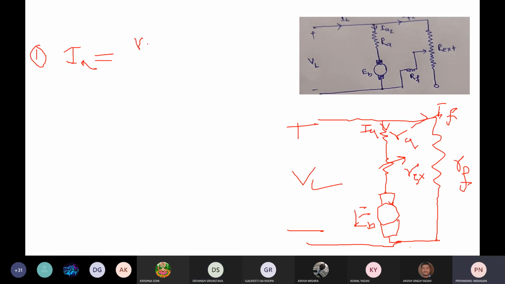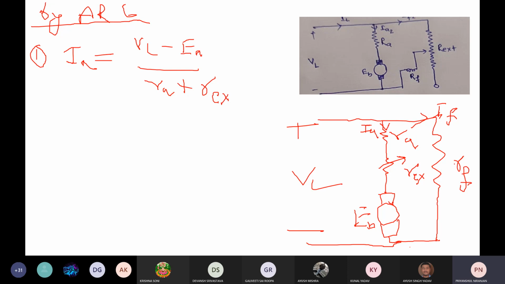VL minus EB by RA. No. RA plus R external. Good. We disturb the armature winding. Okay na? This method is by using the armature resistance control.